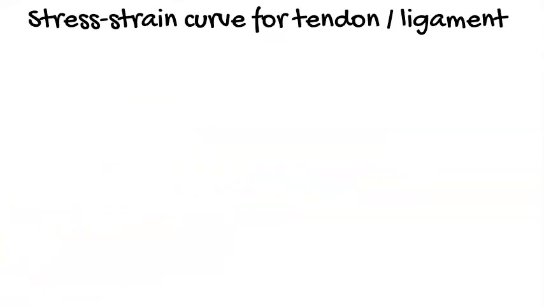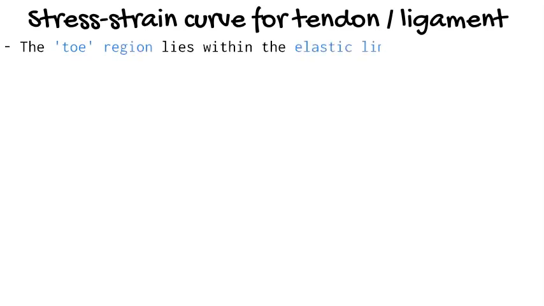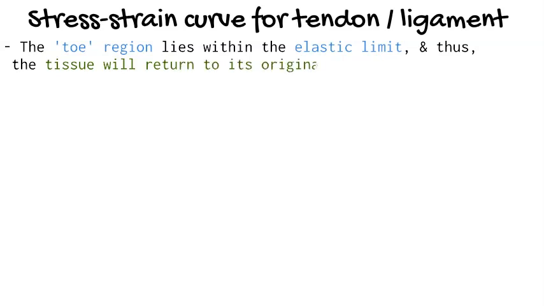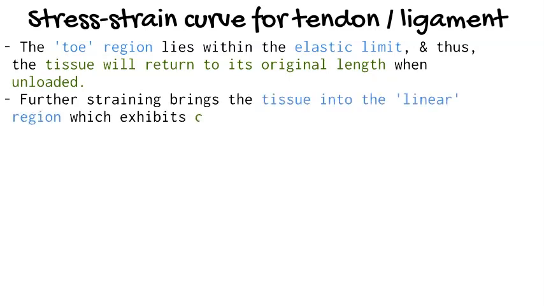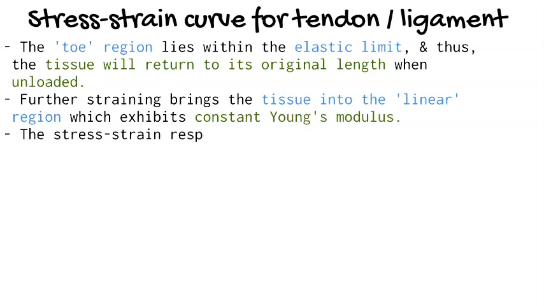Further regarding the stress-strain curve for tendon or ligament. The toe region lies within the elastic limit and thus the tissue will return to its original length when unloaded. Further straining brings the tissue into the linear region, which exhibits a constant Young modulus.